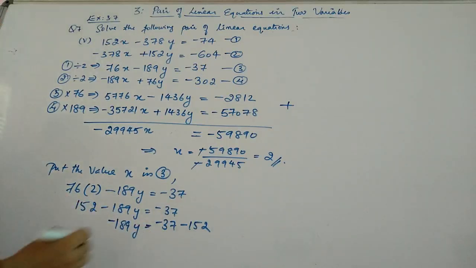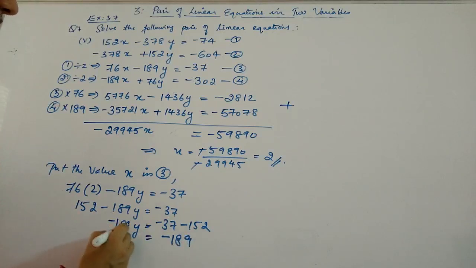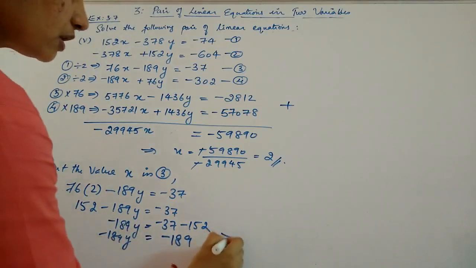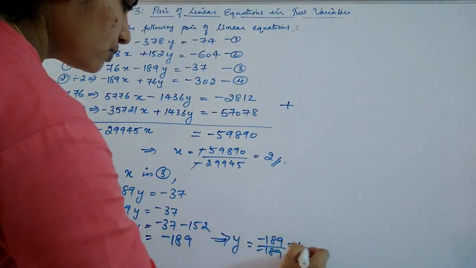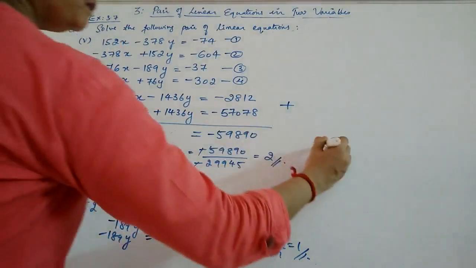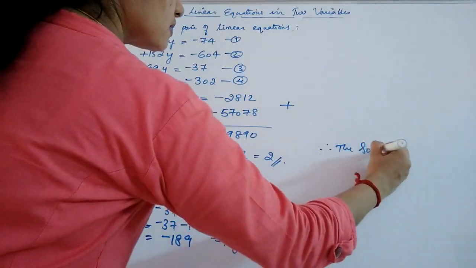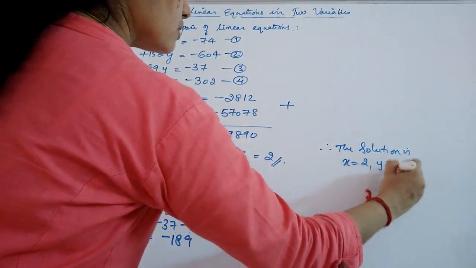So here you are getting minus 189y is equal to minus 189, which means y is equal to minus 189 by minus 189, equal to 1. So your x value is 2 and y value is 1. Therefore the solution is x equal to 2 and y is equal to 1.